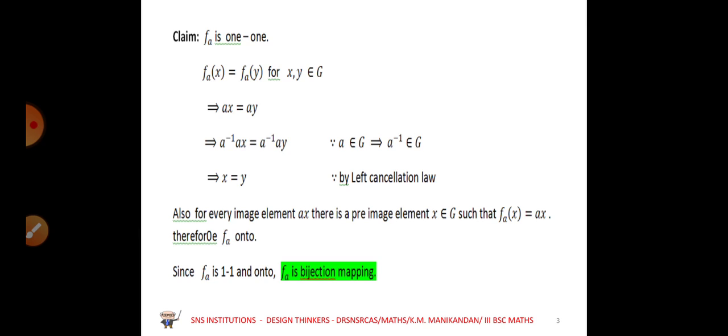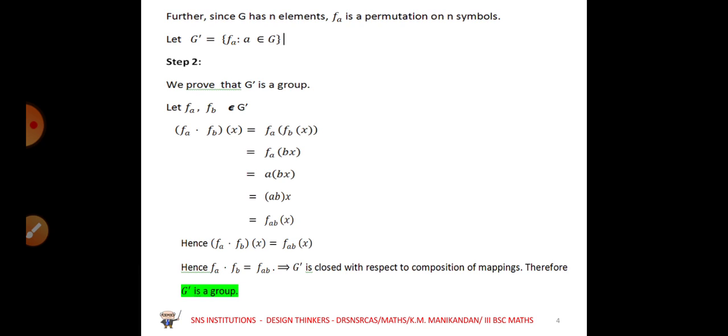Also, by the definition of onto, for every image element Ax, there is a pre-image element small x belonging to G such that FA of x is equal to Ax. Therefore FA is onto also. Since FA is one-to-one and onto, this FA is a bijection mapping. And also the group G has n elements. Therefore FA is a permutation of n symbols.